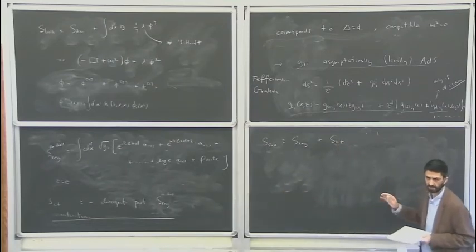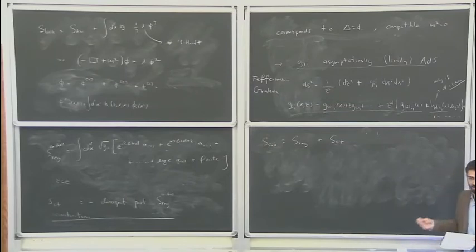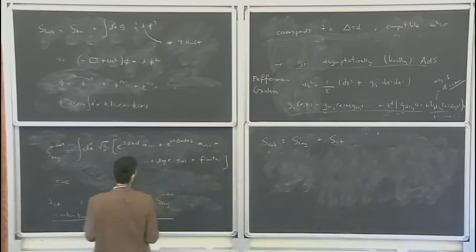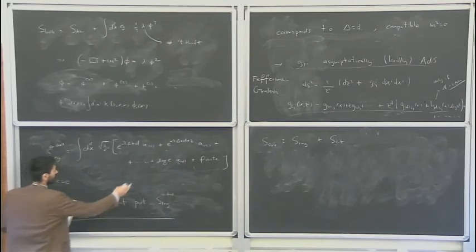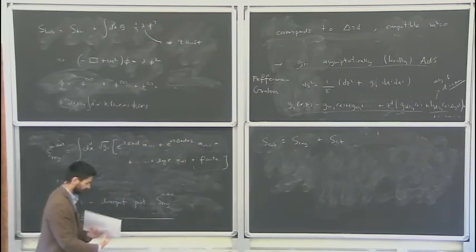These are completely trivial steps which I'm doing, just following the usual exposition, right? So this S subtracted is going to be given only by this part here, where all this part has been removed by the counter term.